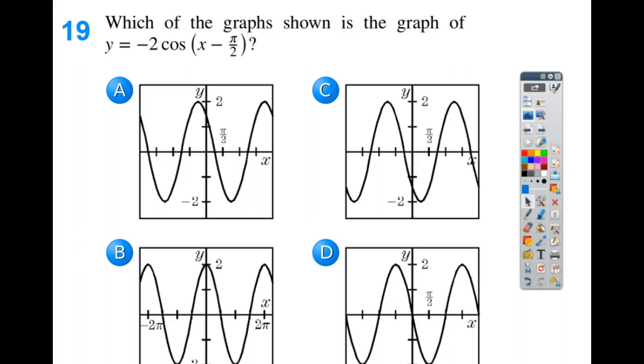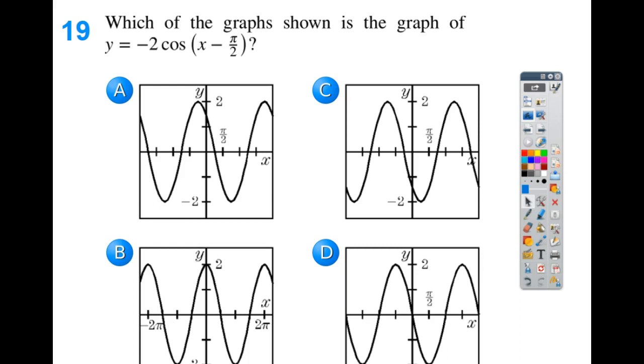So listen, I hate these. To me, they all look the same. So this is what I'm asking myself. I know the point has to start at negative 2. So down here, at my negative 2, what does the minus pi over 2 tell me? Which way does it move?